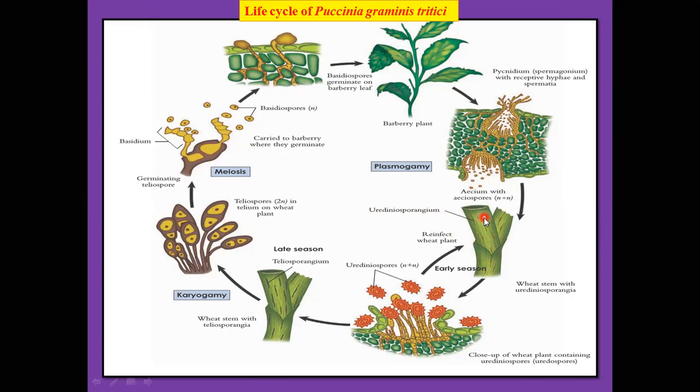So these uredopustules are developed on the stem portion as well as the leaf portions. Means these uredopustules develop the uredospores, and these uredospores generally emerge out from the breakdown of the epidermis layer of the leaf or maybe stems.